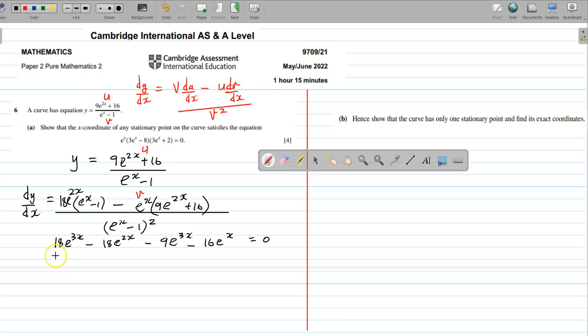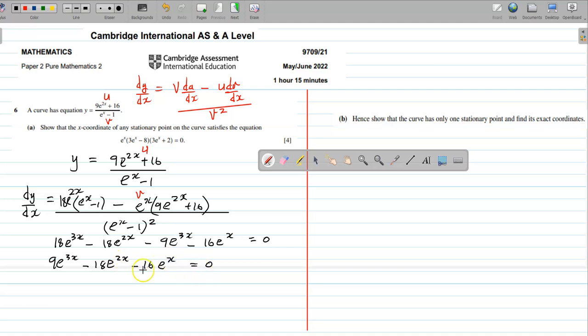So what we need to do is to simplify this form to get what they require here. 9 e to the 3x from 18 e to the 3x, that's going to give me 9 e to the 3x. And then we're going to have minus 18 e to the 2x minus 16 e to the x, and that equals 0.